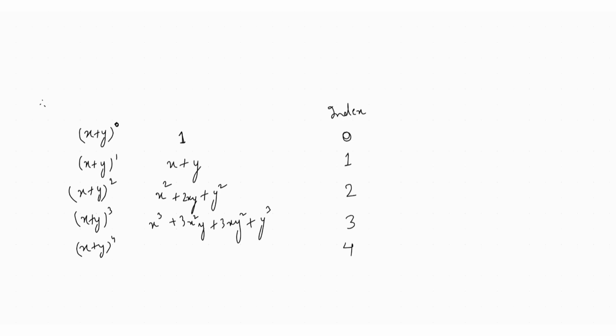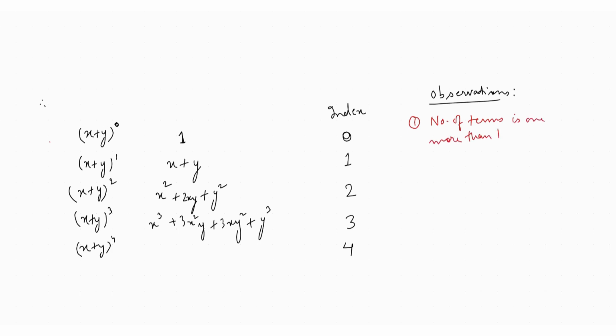Concentrate here now. Observations. The first observation is number of terms. Don't write this, okay? Try to understand first. Number of terms is 1 more than the index.